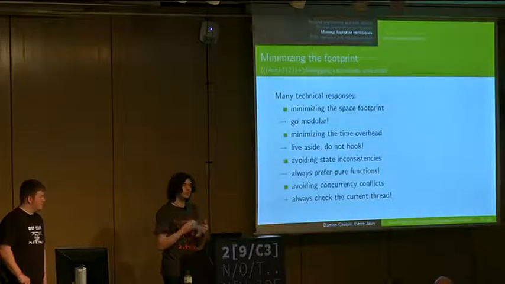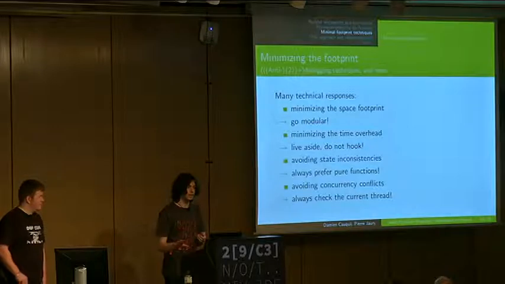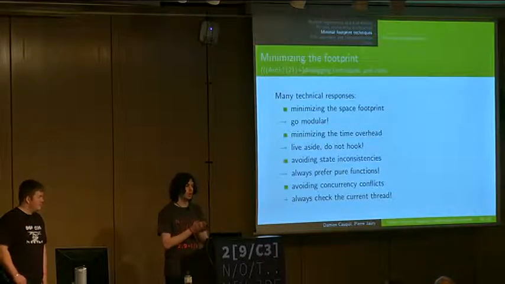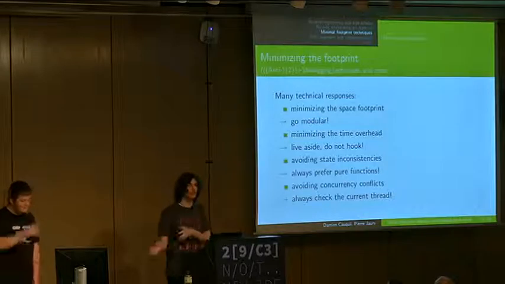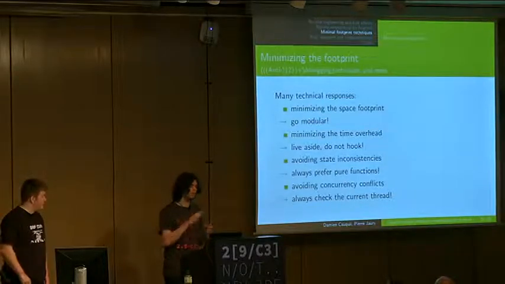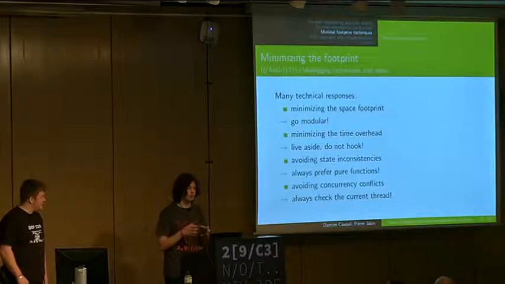Do not try to slow down the code. Just leave aside the code. If your problem is inconsistencies, just go pure. Use only pure functions. Do not modify the state. And if your problem is conflict in threads or whatever, just be very careful about what you do. When you have to deal with threads, always check the thread you're dealing with. And there are responses to any of these problems.